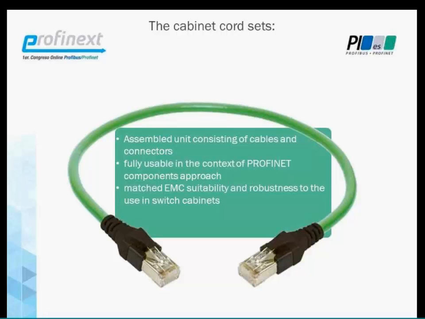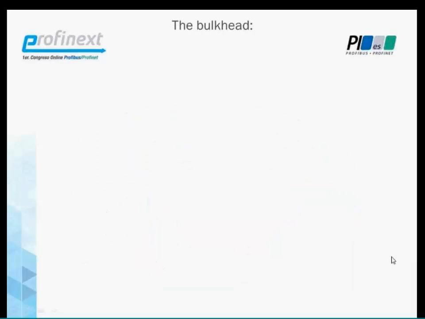And they have matched EMC suitability and robustness to the use in switch cabinets. And of course, they are also segregation class D and can be used here direct in the neighborhood of power cabling. We think that these cabinet cords are the future industrial patch cords.